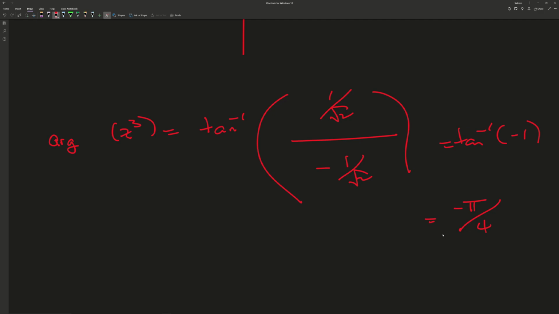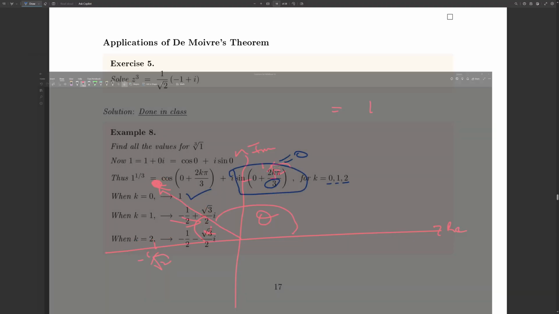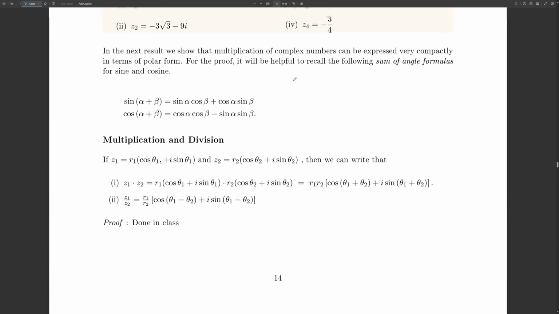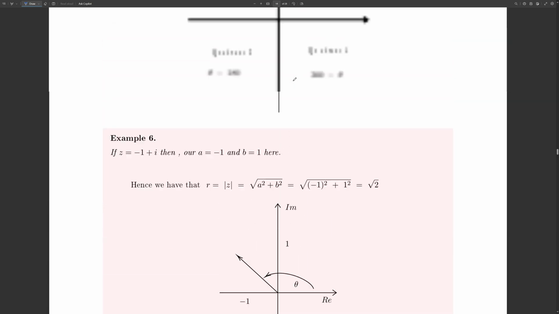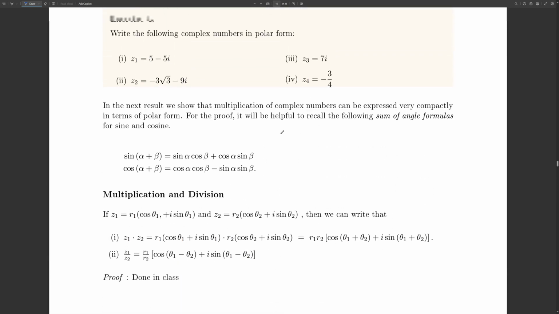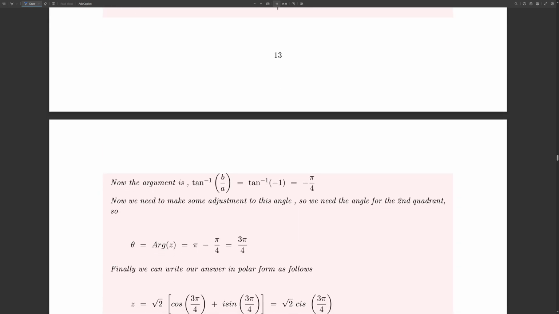But when we drew our diagram here, and this is my angle here, I'm in quadrant number 2. What do I do from my notes? Let's go back to our notes. Remember when we were speaking about quadrants? Please don't forget this one. Aha. Remember these rules of quadrants? We're going to use that from page 13 over here.